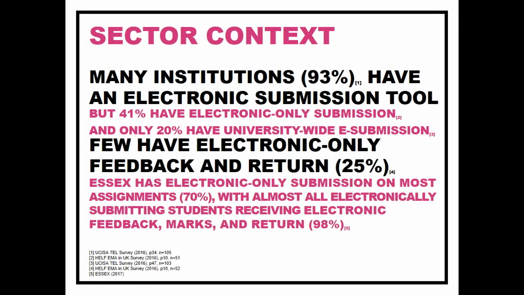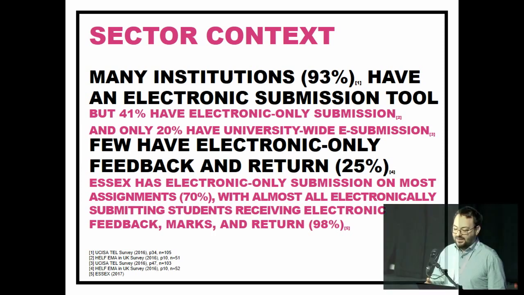So, to give you some context, both UCISA and the Heads of E-Learning Forum have run surveys in the last 2 years looking at electronic management of assessment. And the conclusion is largely that most universities have a tool to allow for the provision of EMA, whether that's embedded in their VLE or if they're using a cloud-based service such as Turnitin.